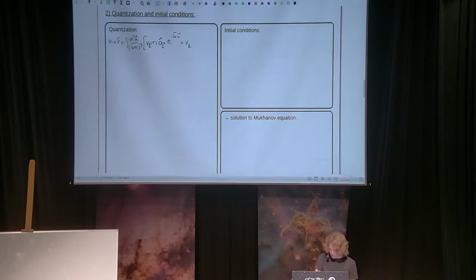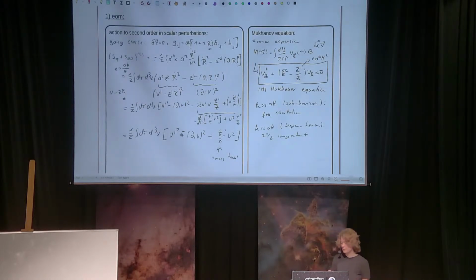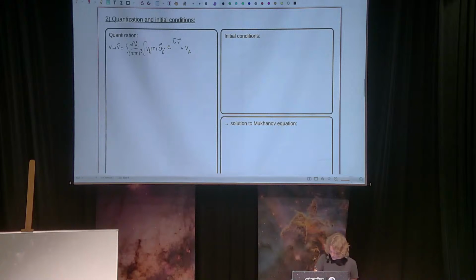Notice that for these Fourier coefficients, I'm dropping the k vector, already here in this equation of motion. The reason is that the equation of motion only depends on the absolute value of k. So all fluctuations for a given absolute value of k will behave the same independent of the direction, which simplifies my life a bit. Then here we have the creation operator and e to the minus i k x.